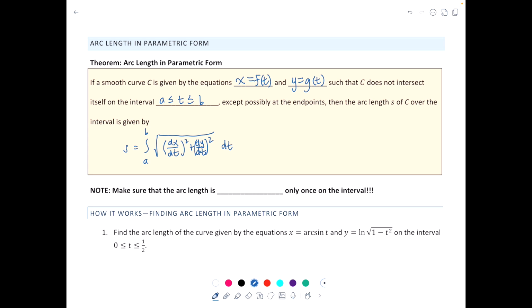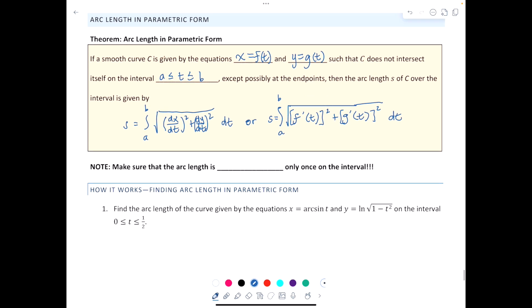You could also write this as s equals the integral from a to b of the square root of f prime of t squared plus g prime of t squared, if you'd like, with respect to t.